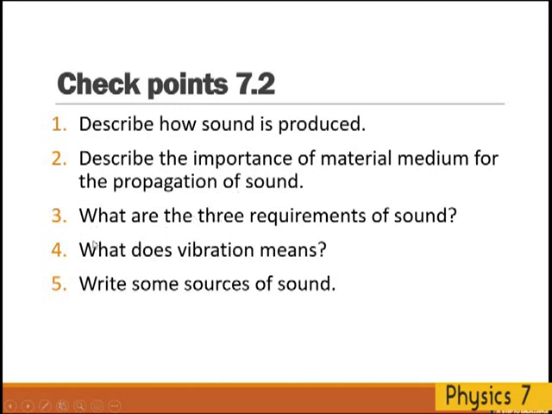The third question is: what are the 3 requirements of sound? The fourth question is: what does vibration mean? And the fifth question is: write some sources of sound. In other words, how is sound produced in terms of various different types of sources?